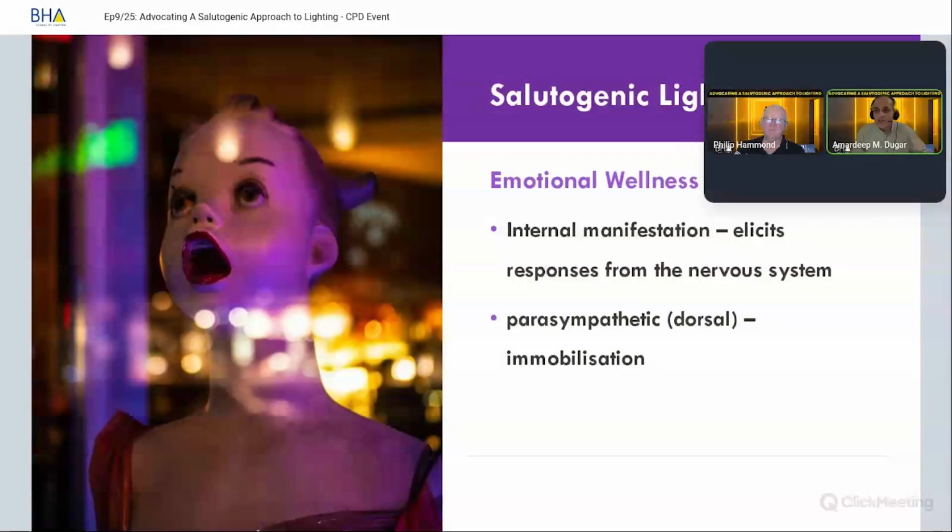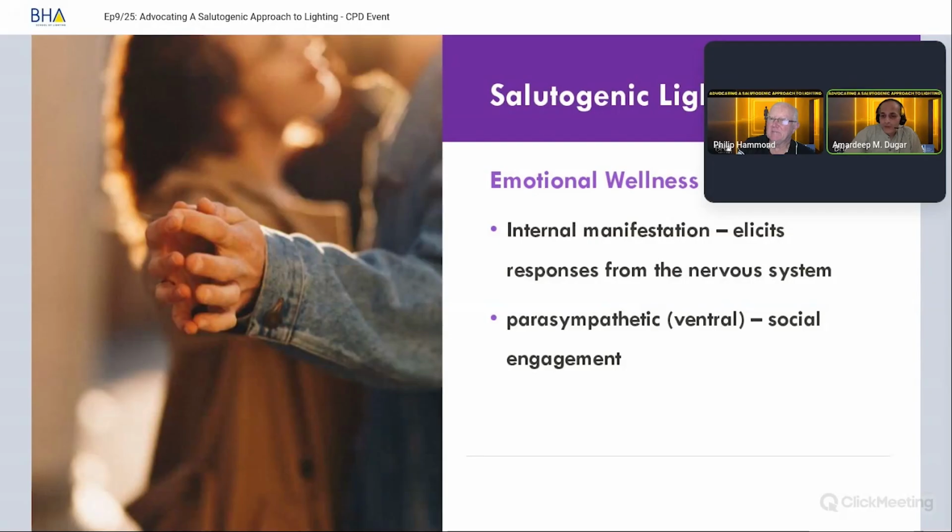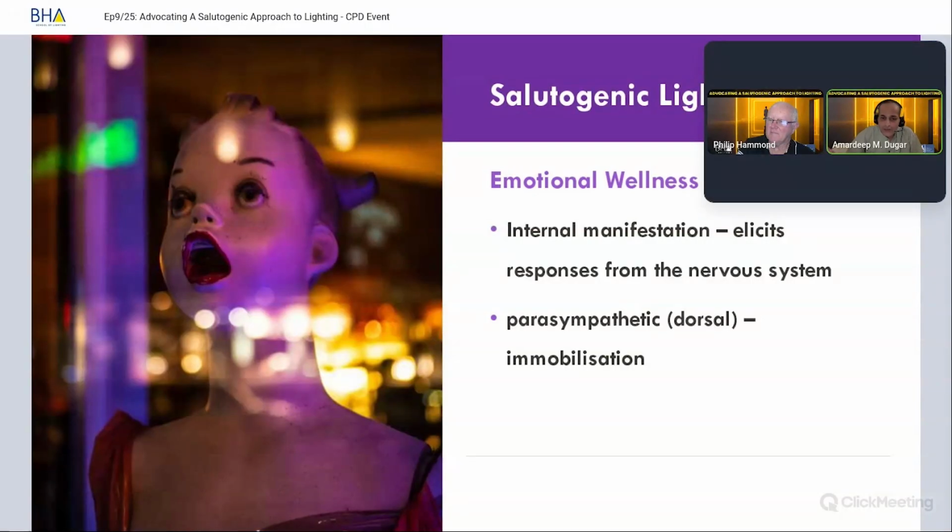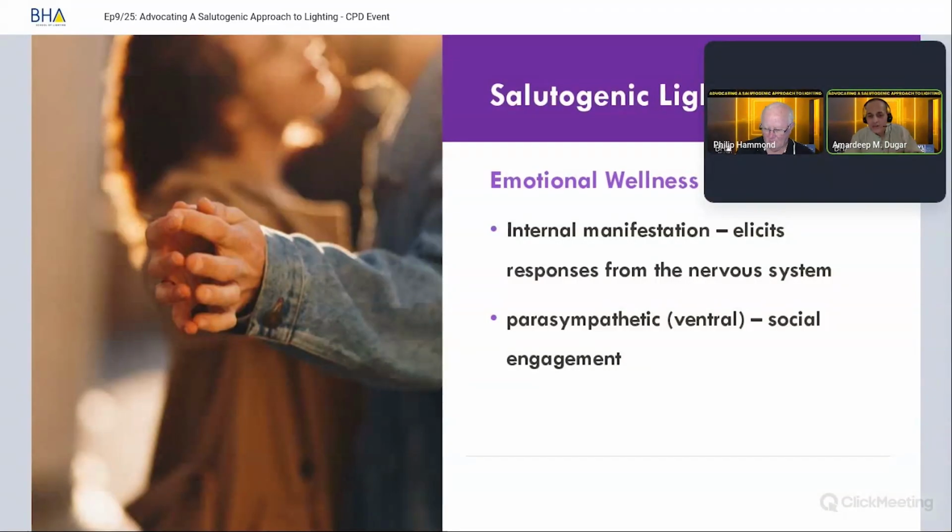A speeding truck is approaching you, you freak out and you stand there. That's immobilization. You might be wondering, if the parasympathetic system is about immobilization, do we really need that? We actually need it because there's this ventral aspect of the parasympathetic system which deals a lot with your social engagement. Apart from doing the very stupid thing of immobilization, it also does something very important, which is your social engagement.